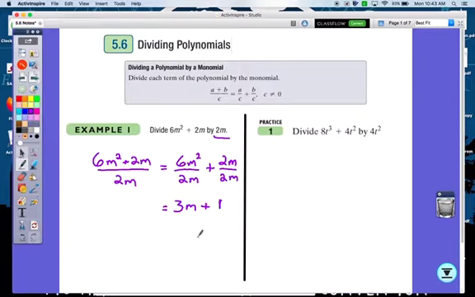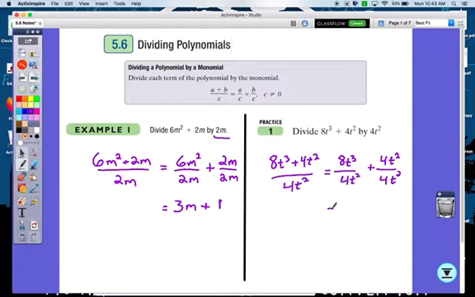All right, try your practice. Pause it. Here you go. Here's the answer. 8t to the third plus 4t squared, all divided by 4t squared. That becomes 8t to the third divided by 4t squared plus 4t squared divided by 4t squared.